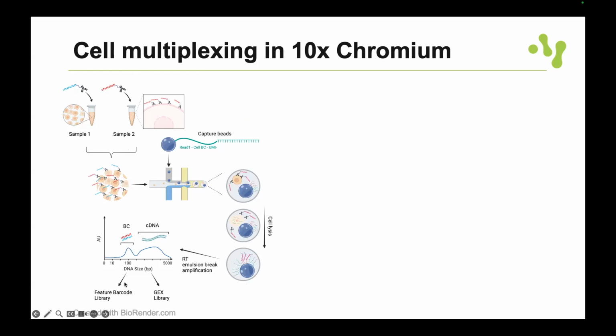You could sort that out to a separate library, and then you have your gene expression library, and that is what you will sequence for the gene expression. This is called feature barcode. There you could sort out which sample it came from, and it's the same principle for CITE-seq, where you can look at the cell surface expression of different proteins, and that goes to a feature barcode library.